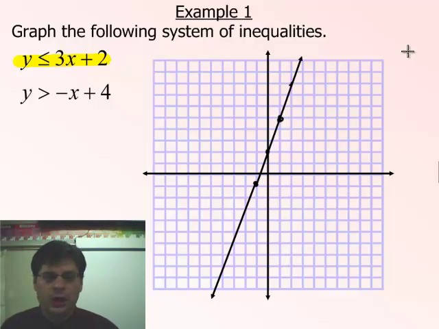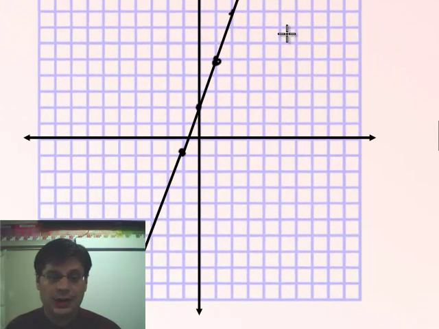Okay, all right, now we're going to look at our line here, and we need to figure out what this inequality means and how we represent it. This is simply stating that solutions are values of y that are less than 3x plus 2.